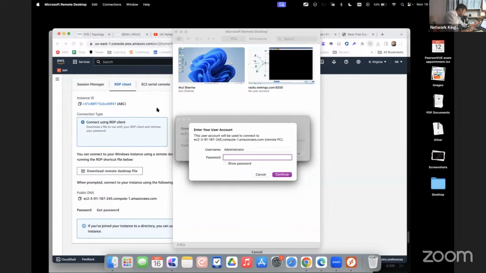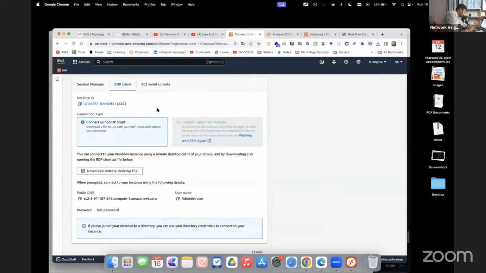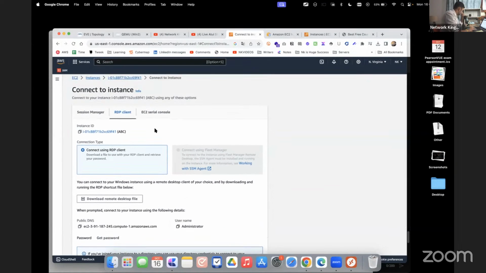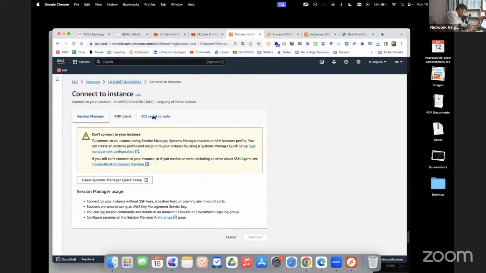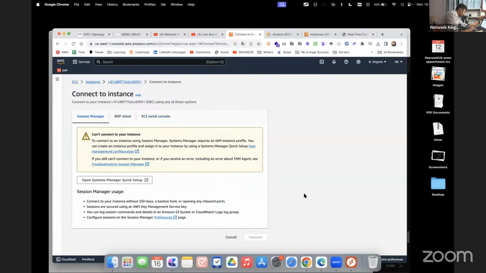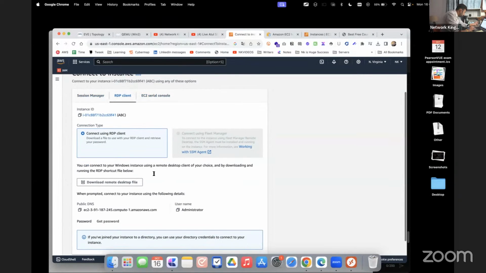And that password, यहीं कहीं होना चाहिए था. It's been a long time because mostly I use Linux machines. RDP I'm checking.